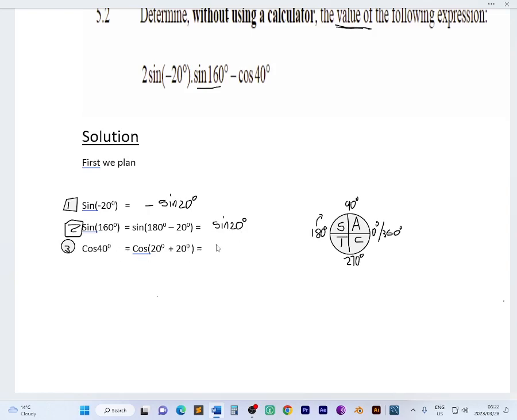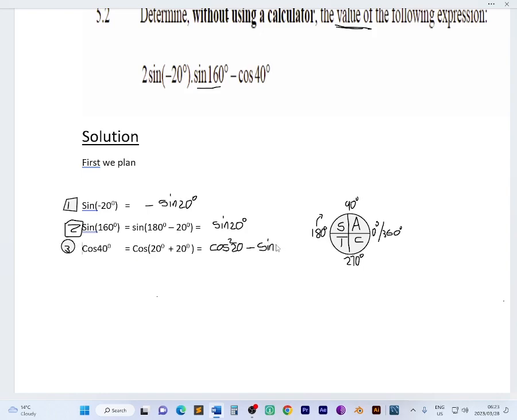So the next step, we come to double angles. We are breaking down the cos double angle, which means 20 degrees plus 20 degrees, so cos of 20 degrees plus 20 degrees gives us the double angle equation.